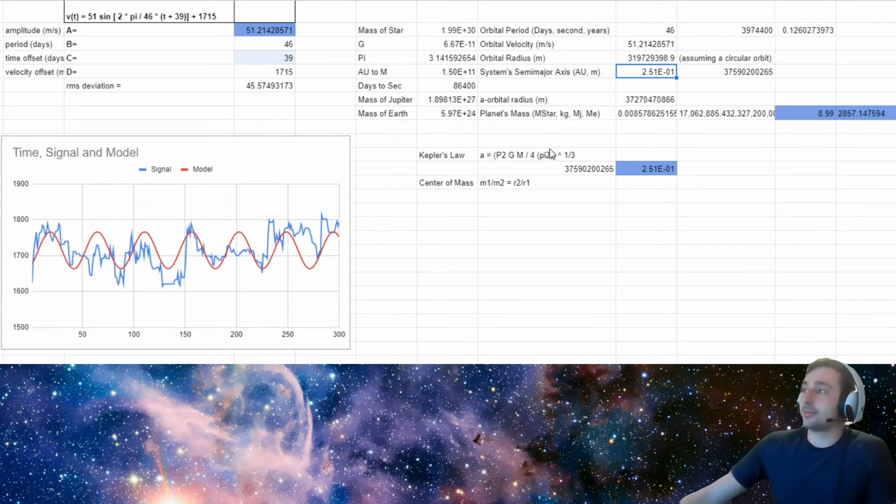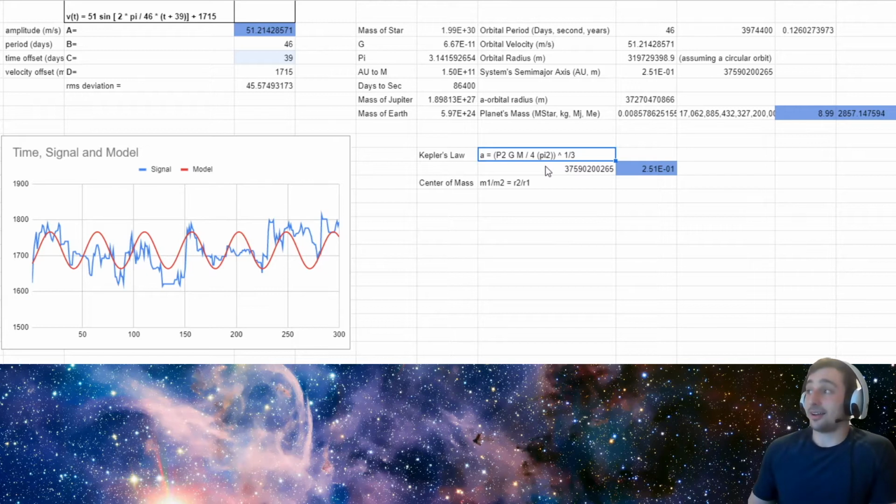So how are we going to do that? Well, we have Kepler's law, which says that if you include this prefactor, which is G times M over 4 pi squared, then you could find a relation between the period and the system's semi-major axis. And that value is going to come out in meters.